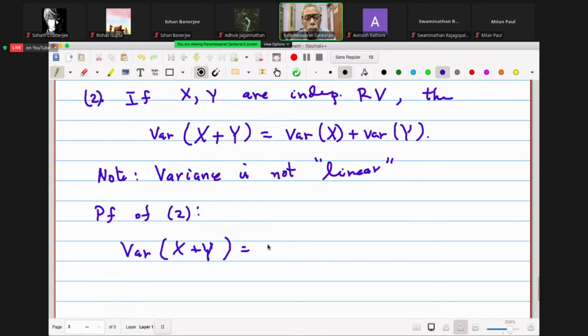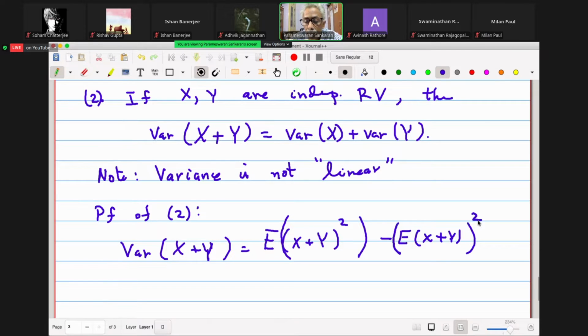This is equal to the expectation of (X plus Y) whole square, and then I should put a round bracket here, minus the expectation of X plus Y, and this time I put the round bracket here.